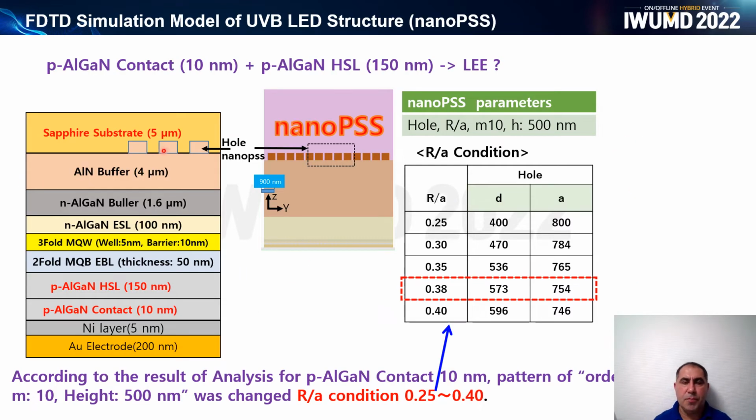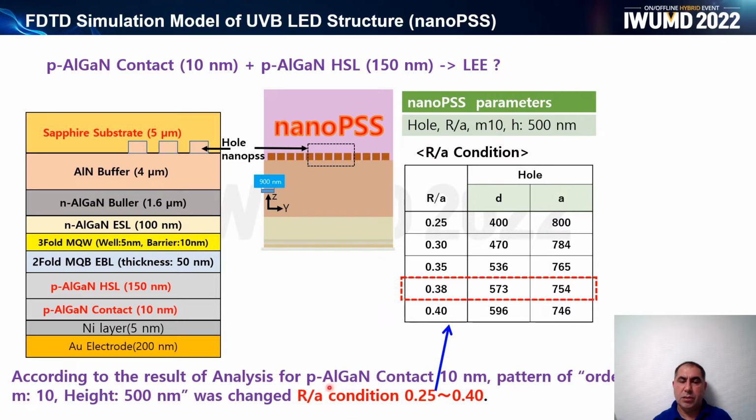So here is the nanoPSS architecture of the UVB LED. We introduce here, and the p-AlGaN hole source is 150 and p contact 10 nanometer, and the nanoPSS parameter is shown here, and the radius by pitch ratio of the nanoPSS is shown in this table.